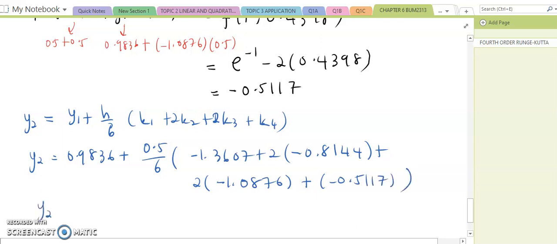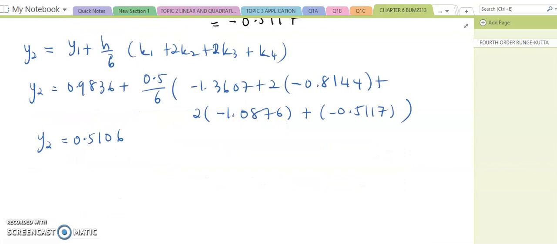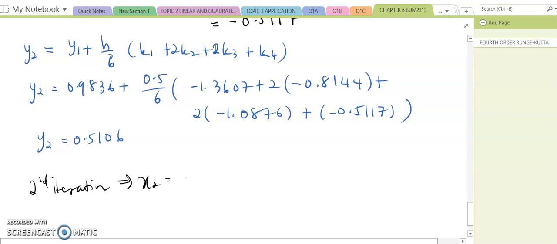And the final answer for y2 is 0.5106. So the second iteration, x2 is equal to 1 and y2 equals 0.5106.